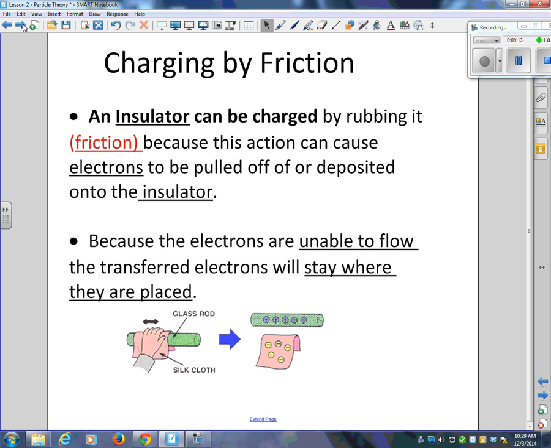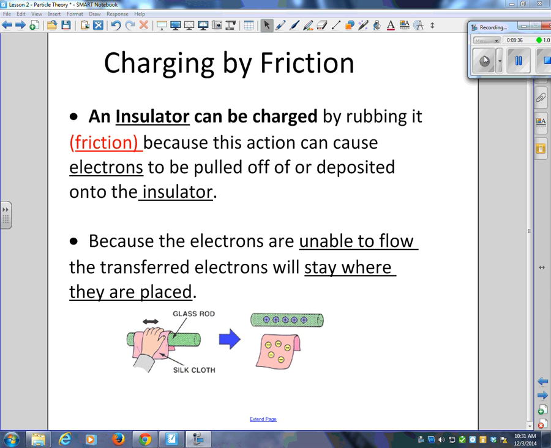Didn't know that. Okay. You can charge an object by friction. I showed you this the other day, right? You can charge an object by friction. An insulator can be charged. An insulator like plastic, Tyler, can be charged by rubbing it with the Amy Farrah Fowler sweater, right?